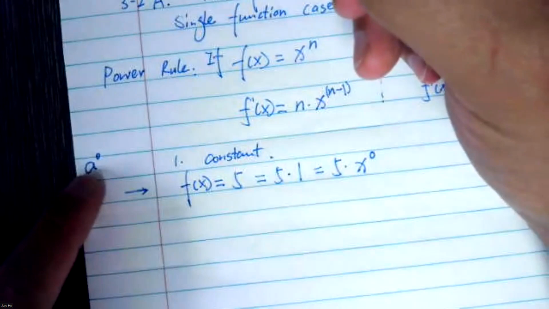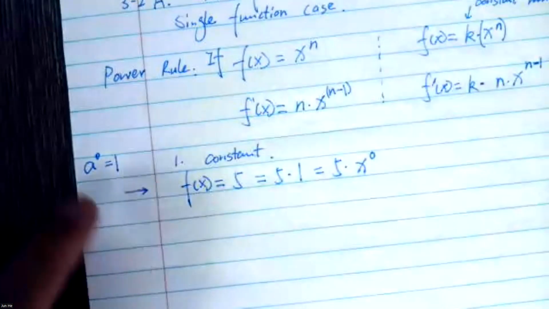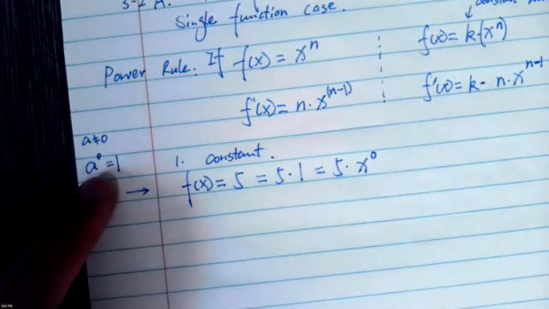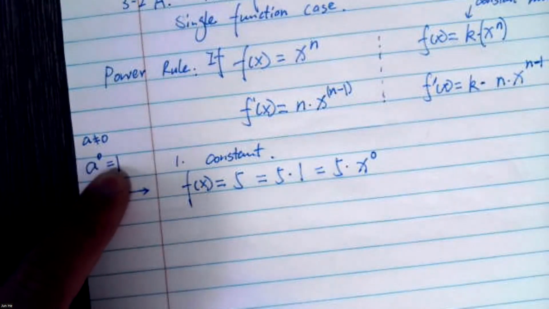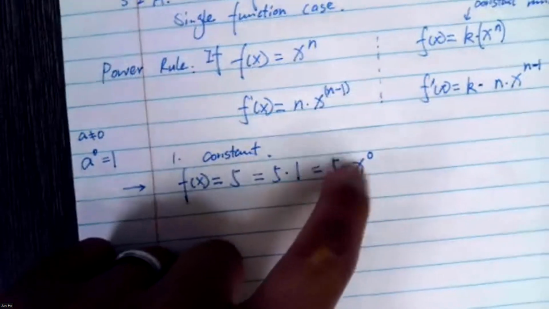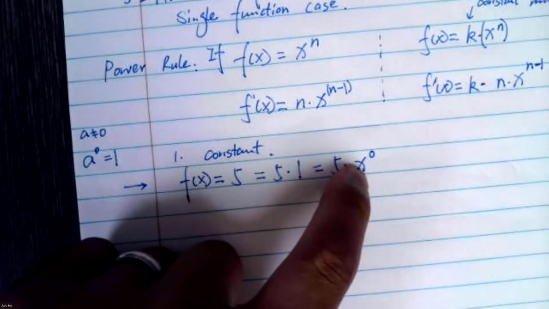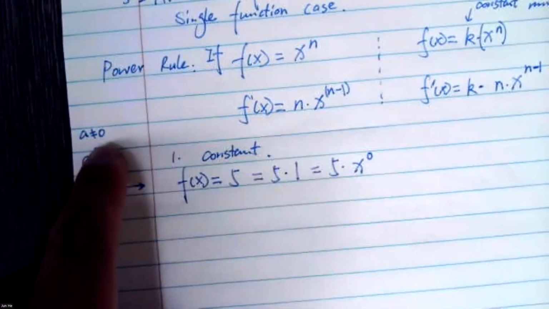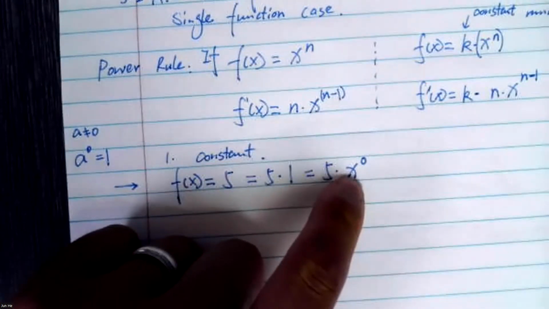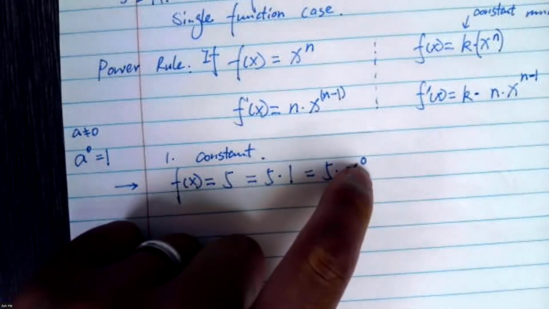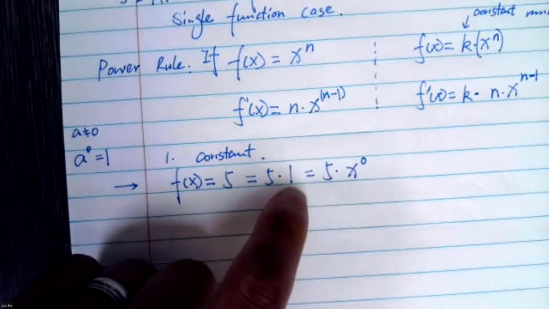And here, anything with a power of 0, as long as it's not 0 for sure, then its value is 1. And here, x is a variable. It's not restricted to only one value, 0, right? So it's to the power of 0 case, then its value is 1.